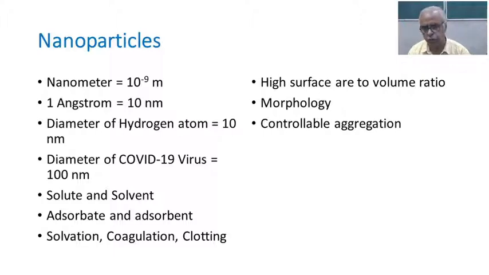Now let me proceed further. What is coagulation? The best example for coagulation is blood clotting. When the blood is inside the blood vessel, it is not getting dried up. In fact, I would say blood is a linear polymer.